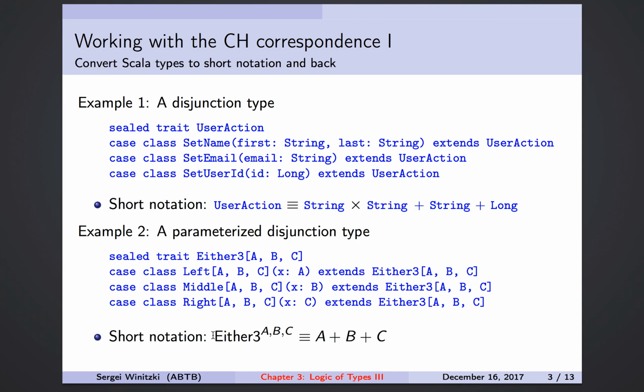And here I introduced another notation for type parameters. Type parameters are written as superscripts at the type constructor. So the type constructor Either3 has 3 type parameters, and they are written in the short notation as superscripts.